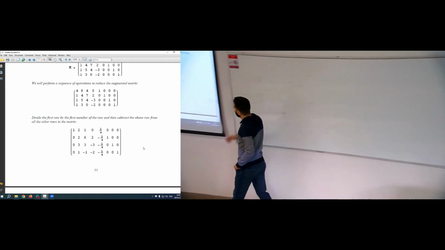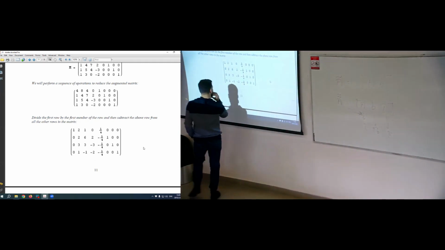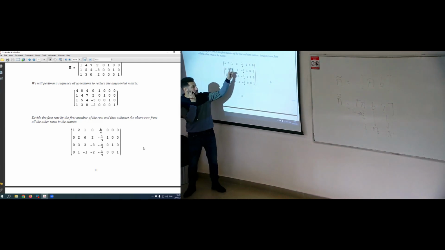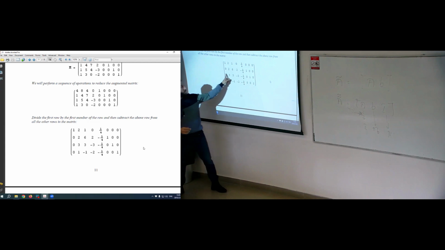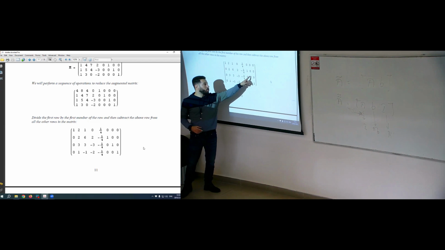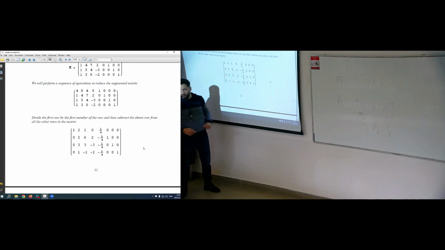Now this is the biggest number, so I will swap between this and this. Then I divide this row by 3 because I want 1 here. So I will get 1, minus 1, minus 1, minus 1, minus 1 over 12, 0, 1 over 12, and I will get them here.